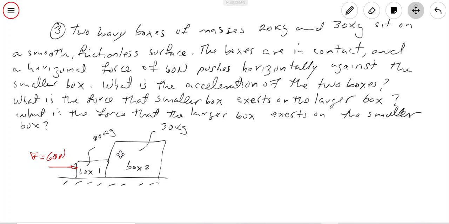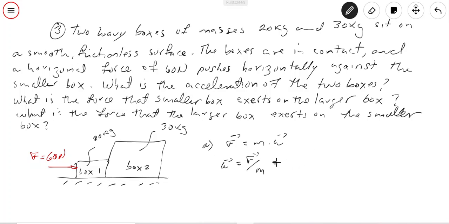So if I want to find the acceleration of the two boxes together, we can use Newton's second law. The force is equal to mass times acceleration, so the acceleration is equal to the force divided by the mass.